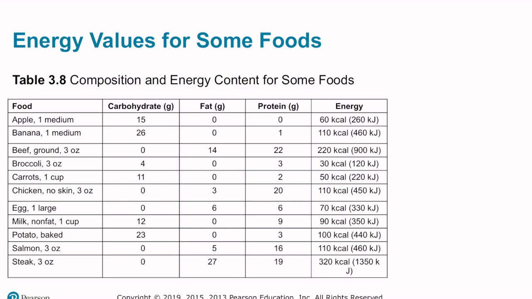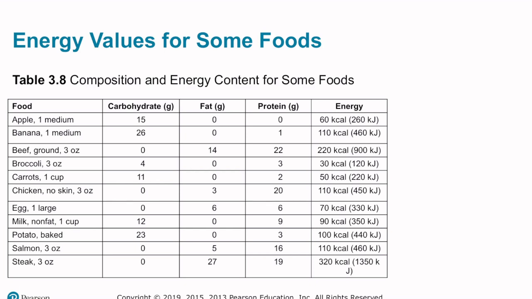Here are some different energy values for common foods, including the carbohydrate, fat, and protein content. We'll look at a few common values. An apple, for example, contains about 15 grams of carbohydrate, no fat, and no protein, with a total of 60 kcals.